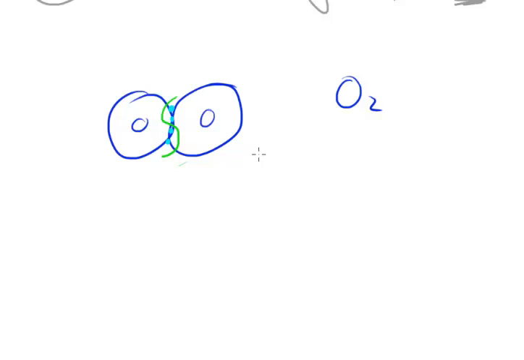Before they split, the overall charge was 0. After they have split, the overall charge is also going to be 0 because they've split their electrons evenly. And so we've got the oxygen here on its own with 6 electrons, and it's still going to have a charge of 0.